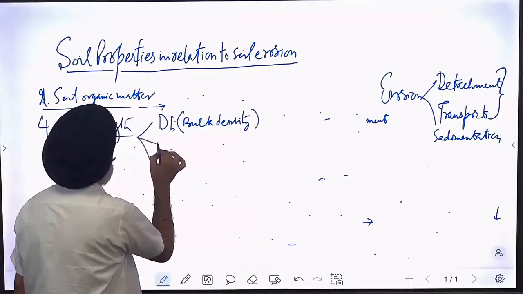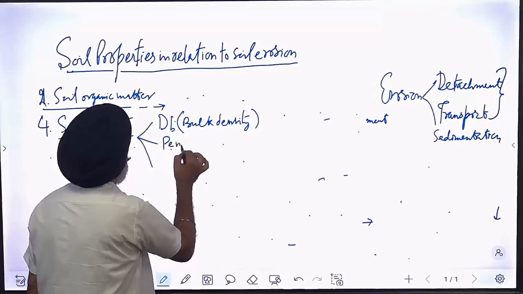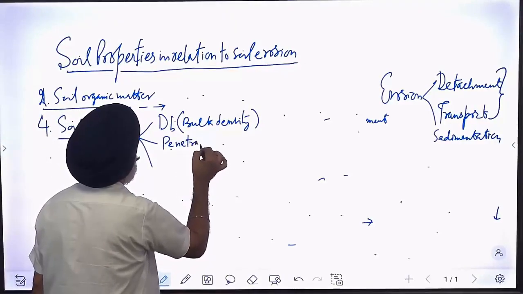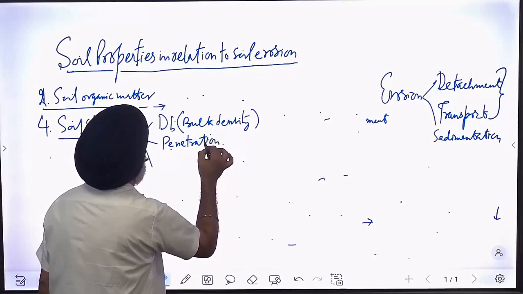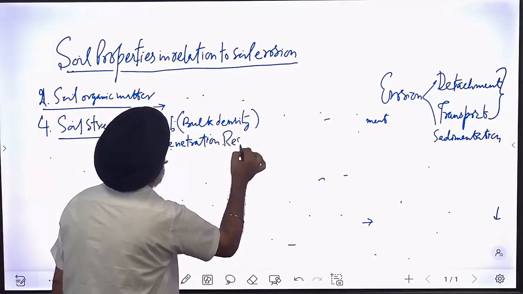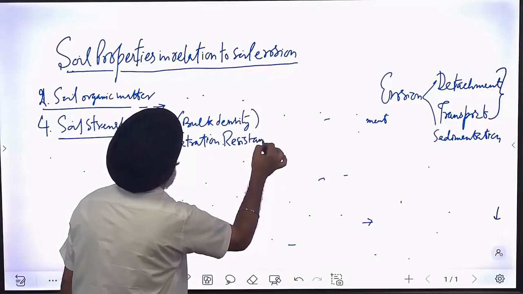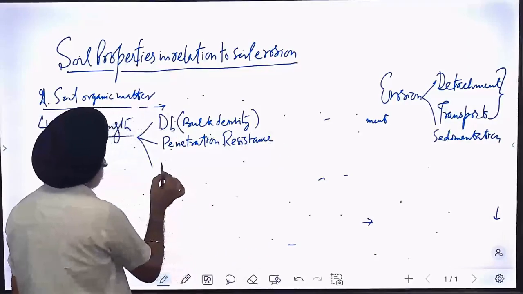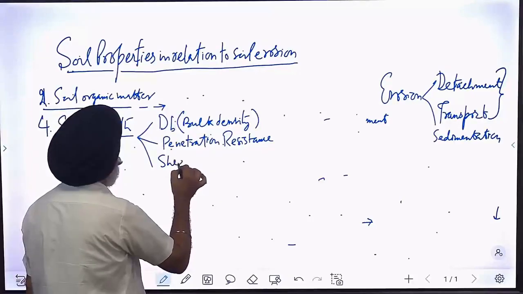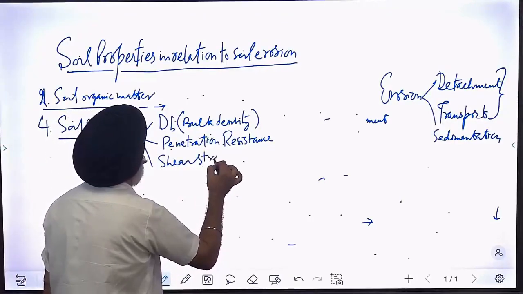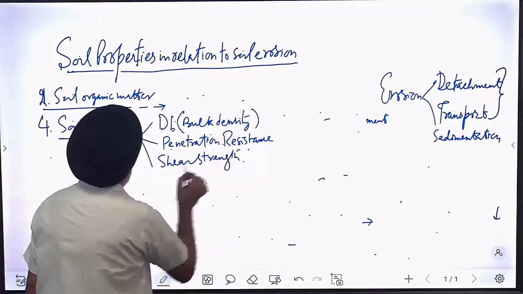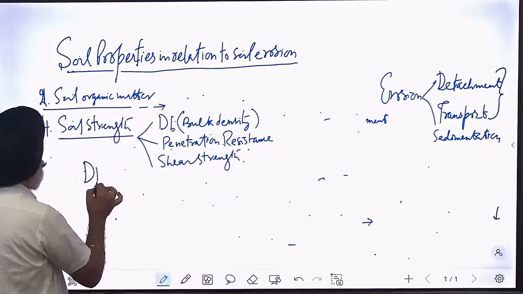Second is penetration resistance of the soil, and third is of course shear strength. Now, first of all, bulk density.